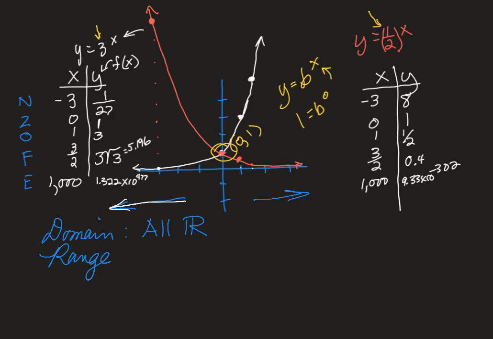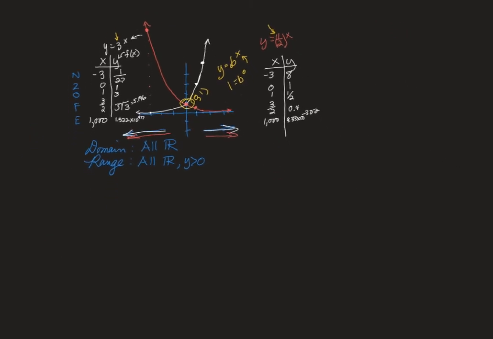That's our first equation doing that, and our second equation also goes infinitely to the left and the right, so it's all real numbers. Okay, the range. Notice neither of them will ever cross 0. They'll never even reach 0. So the range of both of these is all real numbers, y greater than 0.